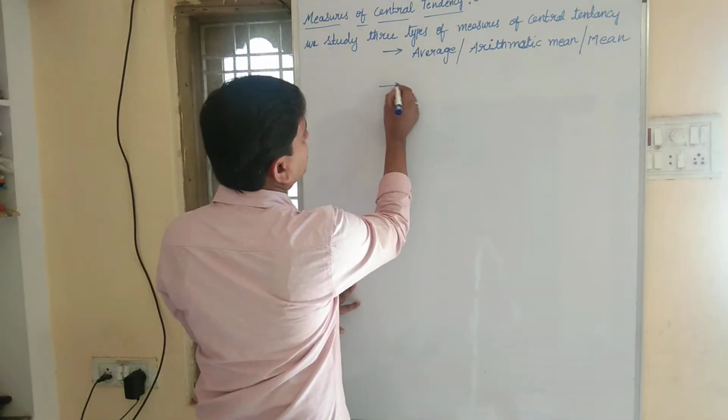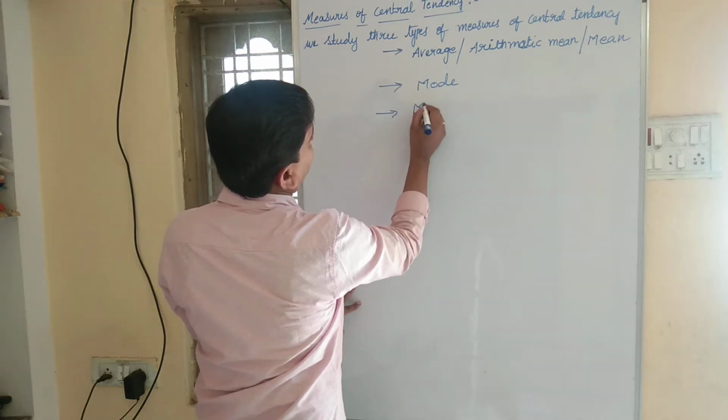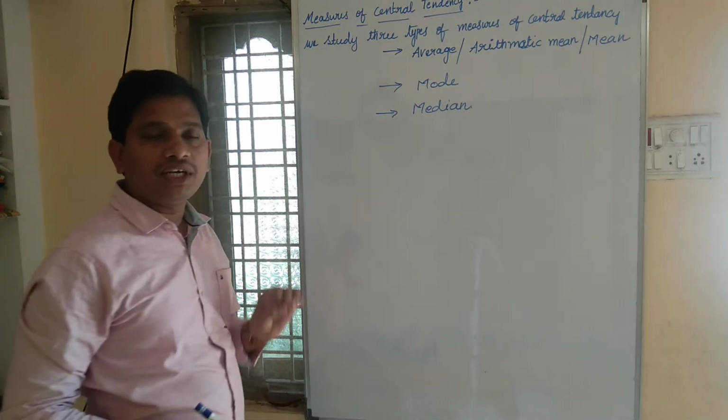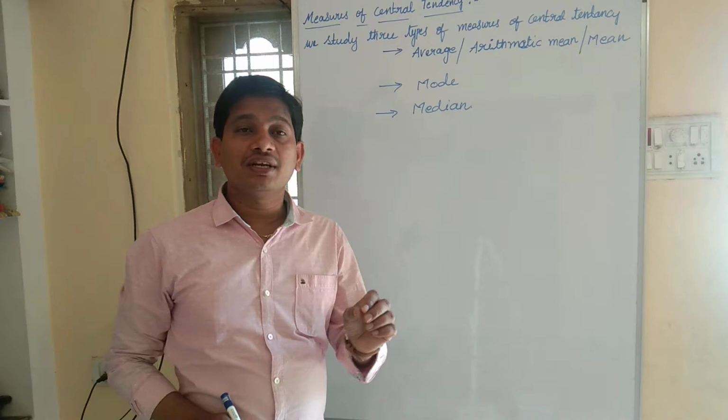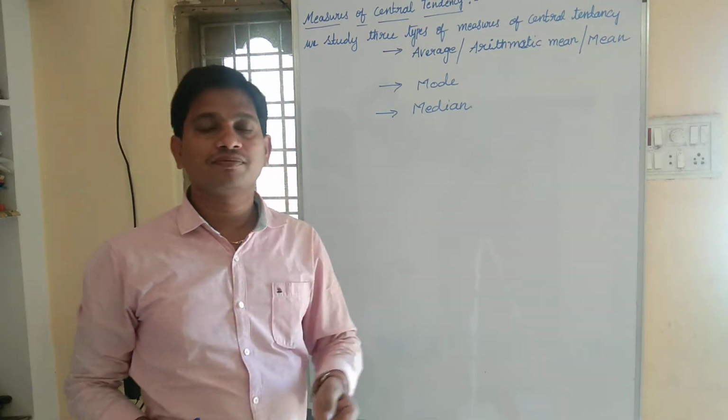And the second one is mode, and the third one is median. See, mean, mode and median. These three are called measures of central tendency.